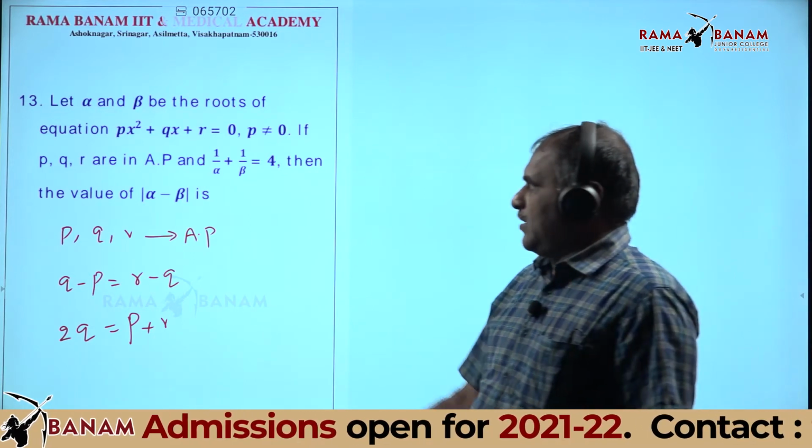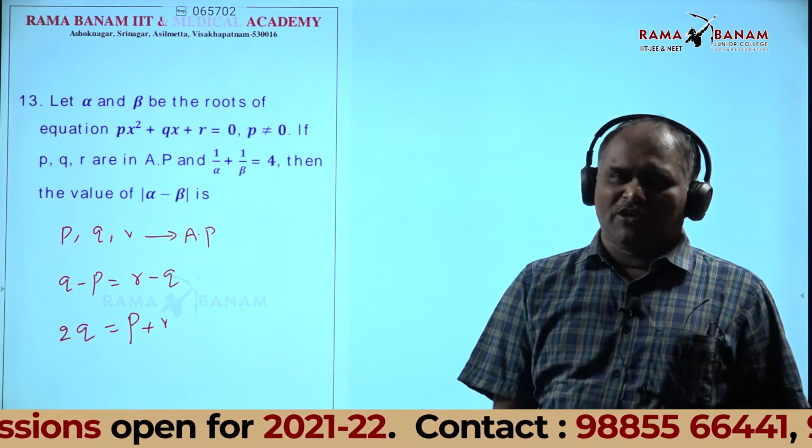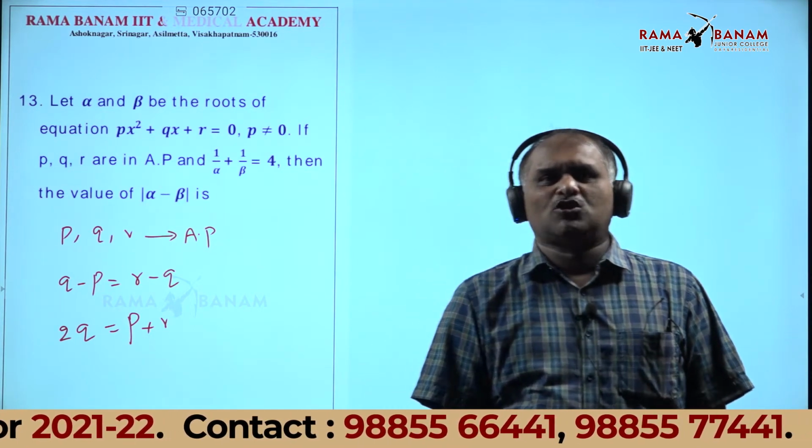And here alpha, beta are roots of the equation. What is the sum of the roots formula?